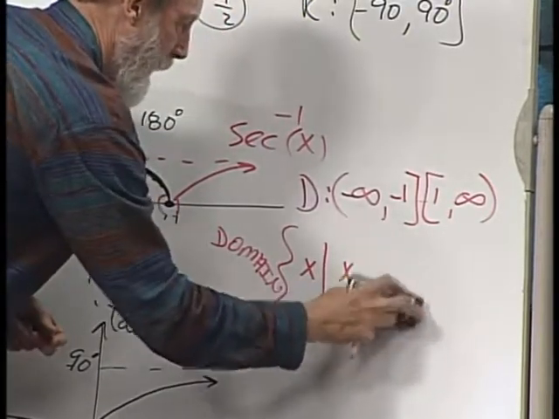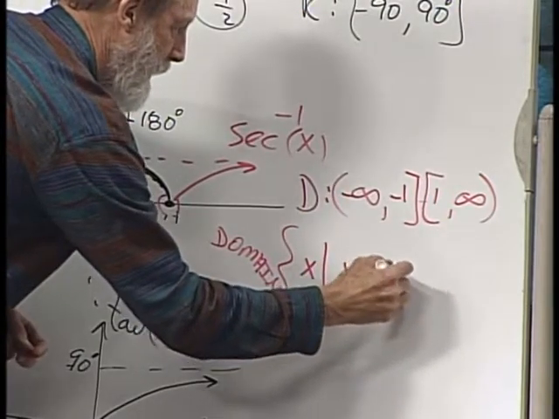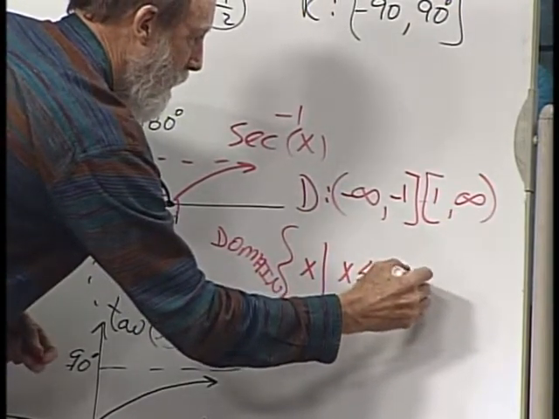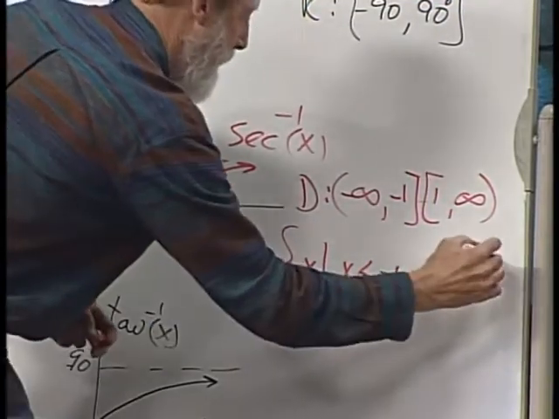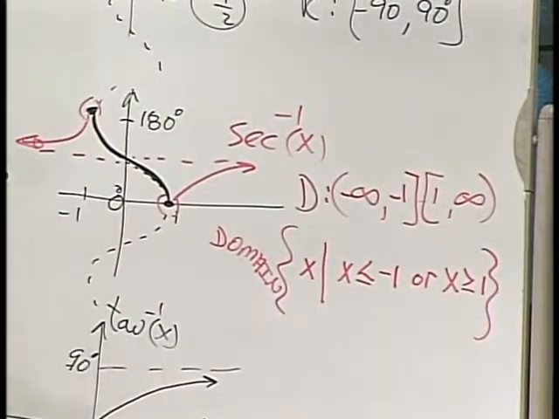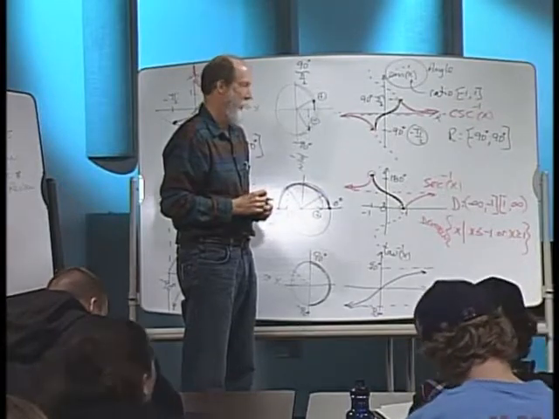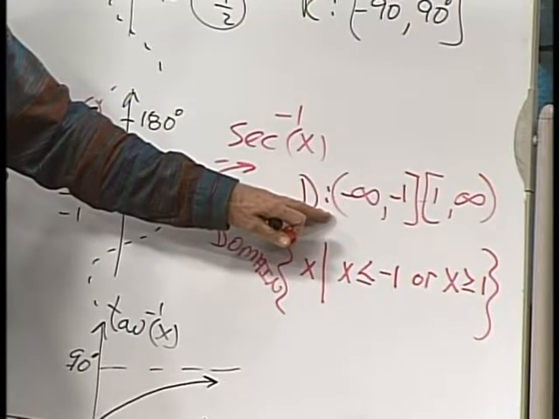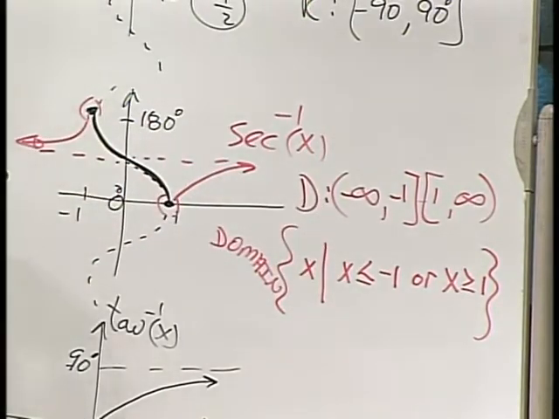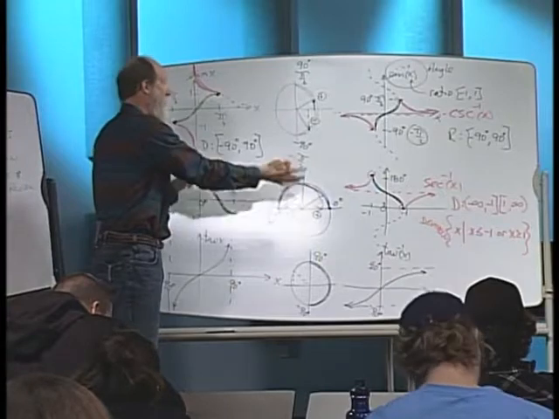Actually, the way I'd probably want to write this, x less than or equal to -1, or x greater than or equal to 1. Isn't this much simpler to use interval notation?